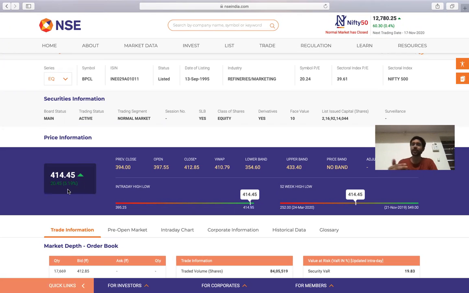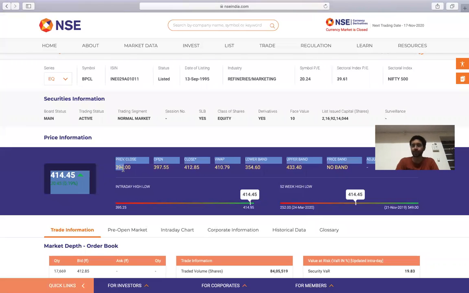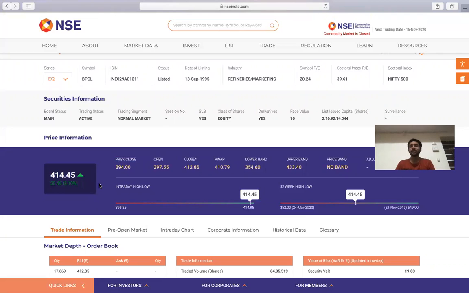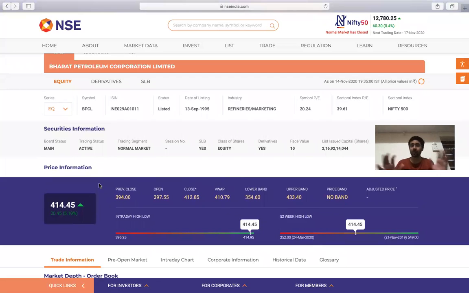It increased by 20.45 rupees today to close at 414.45, right? Just remember these figures. It was 394 yesterday. The stock price went up from 394 to 414. Let's drop the decimals, 394 and 414. So the stock price went up today.